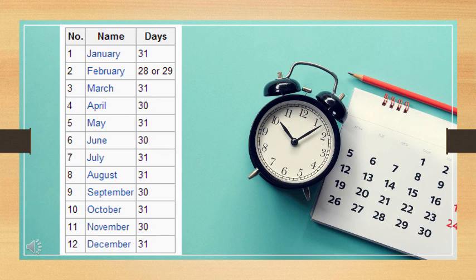February, as I said, in an ordinary year it is having 28 days and in a leap year it is having 29 days. March 31 days, April 30 days, May again 31 days, June 30 days, July and August are having 31 days, September 30 days, October 31 days, November 30 days and December is again 31 days.